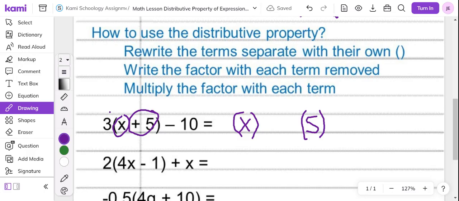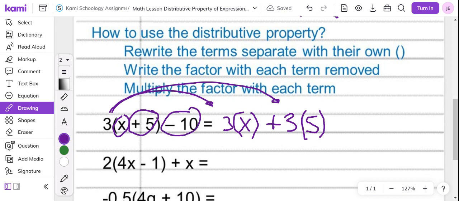And then we take the factor and we give it to each term after we've taken them out of the parentheses. So we got 3 times x and then 3 times 5. And now this is separate from the parentheses, so we don't need to do anything with that. So now we process the factor. 3 times x is going to give us 3x. And then 3 times 5 is going to give us 15.